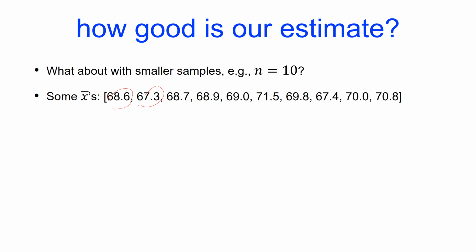Do you get this message? Each of these numbers corresponds to the average of 10 observations I randomly picked from my 1,000 population. So each number represents the statistics of a sample, the average.